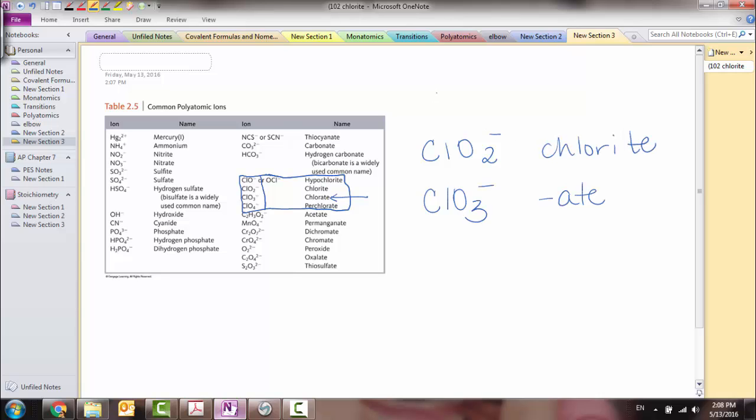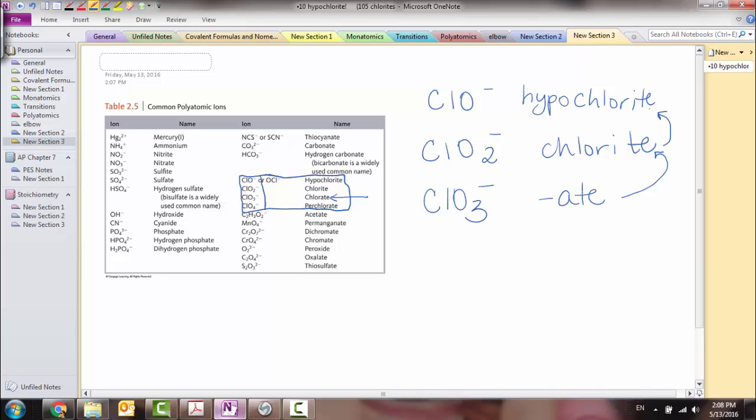And if you lose even another oxygen and it becomes just ClO minus, you take the name chlorite and you give it the prefix hypo. Hypo means low, so it's the lowest amount of oxygen in the ion series. So it's hypochlorite. So ate turns into ite when you lose an oxygen, and ite turns into hypoite when you lose another oxygen. So the ate has helped us figure out 2 other ions.